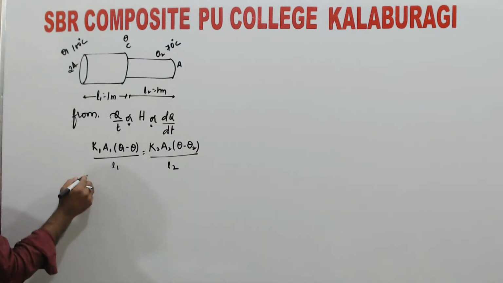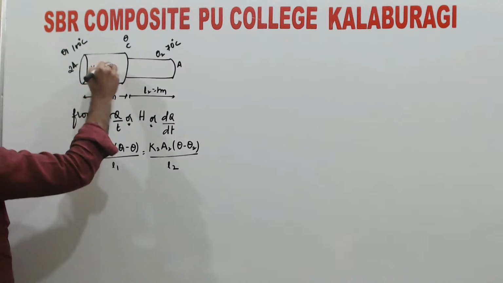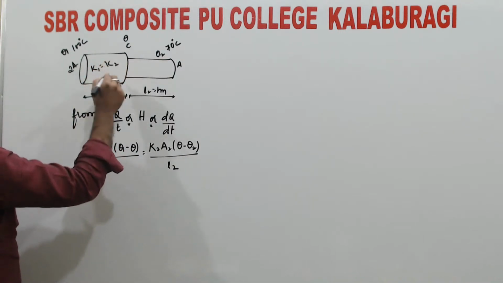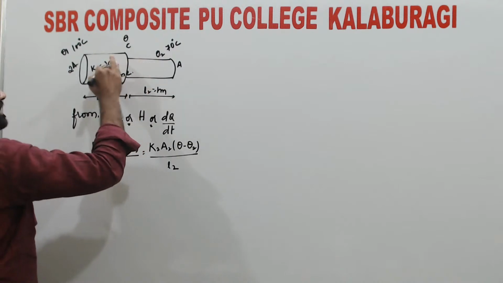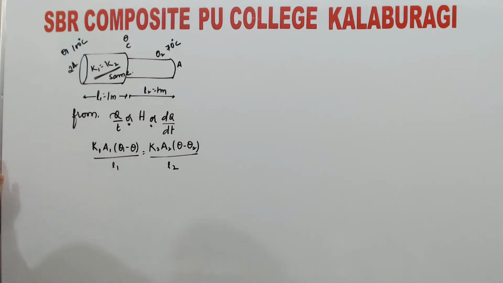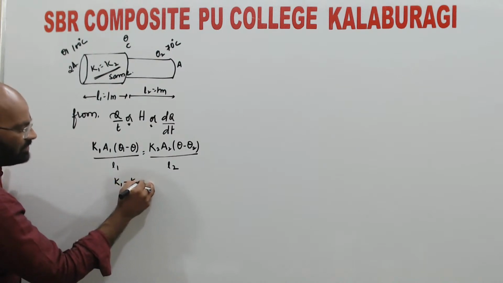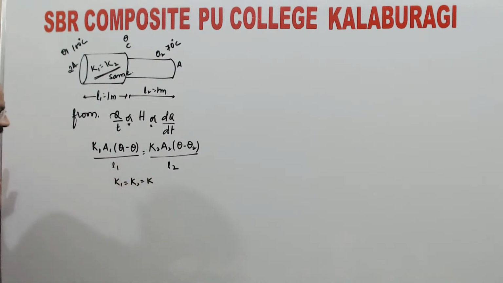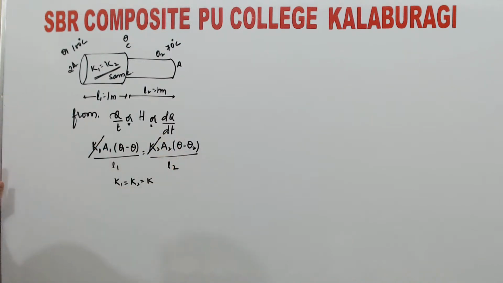Here K1 equals K2, because for the same material the coefficient of thermal conductivity remains the same. Let it be K. So K1 and K2 will cancel.